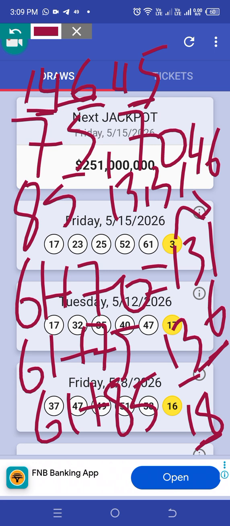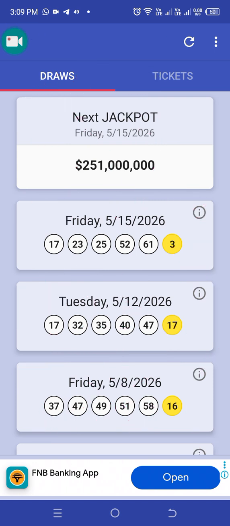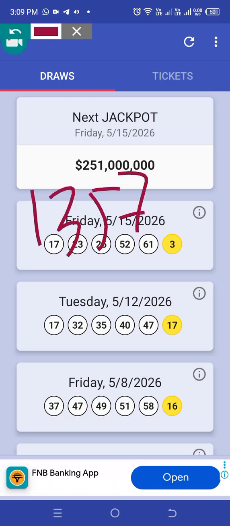Because if we say that the total number of the draw was 181, multiplication with 75, it's going to give us 13,575. 57 is sitting there and 55.